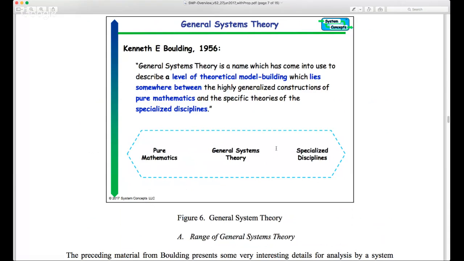So, okay, what are the discriminators that say, okay, I'm in a specialized discipline, I'm not in general systems theory anymore? So these are a couple of boundary conditions, I think, that need to be more well defined and talked about. I think they're important for a number of reasons to help categorize and understand certain different behaviors in system structure.